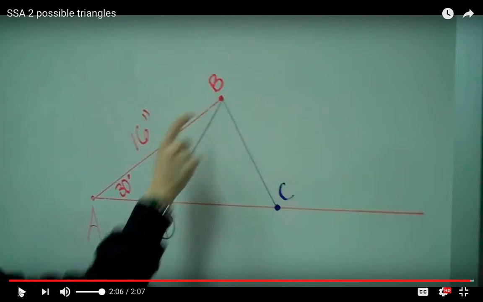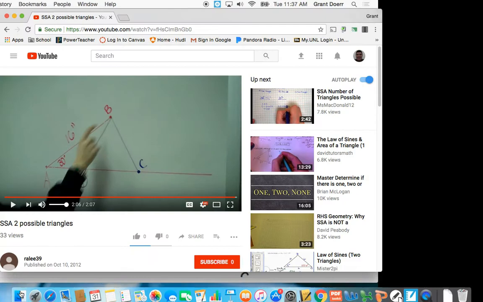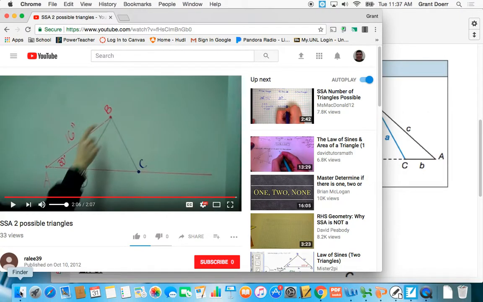And then the other one we could be looking at is this one on the inside. It still has all three pieces of information, right? 10, 16, and 30. So that's why we don't really care for the SSA, just because it can be kind of a nasty problem for us. Possibility of two different triangles.